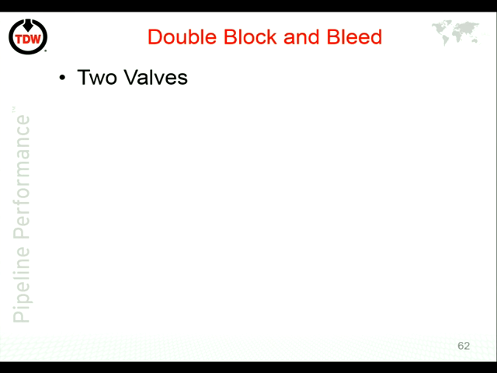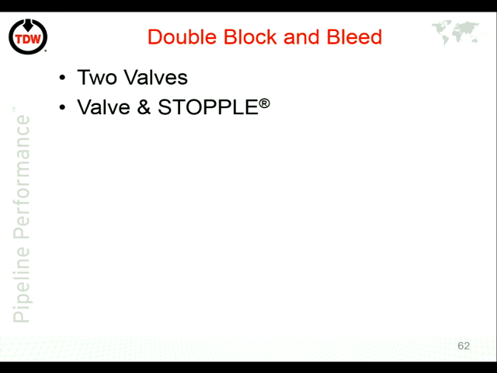Okay. So double block and bleed, which is something you brought up. What does that mean? It means 2 valves, 2 points of isolation, both of which can withhold the full pipeline pressure. It can also mean a valve and a stopple, so if we can use an existing valve, then you have double block because of that. Or you could have a stopple and an isolation plug, some other type of inline plug.